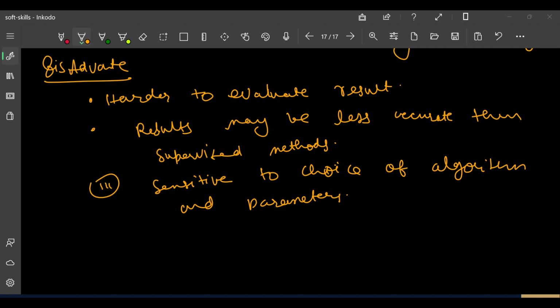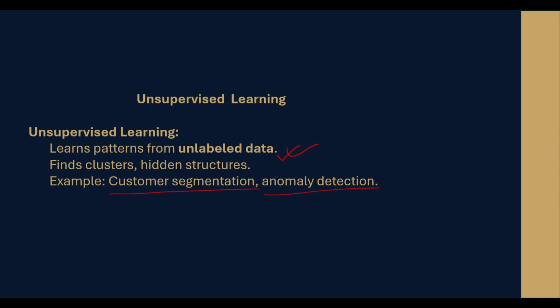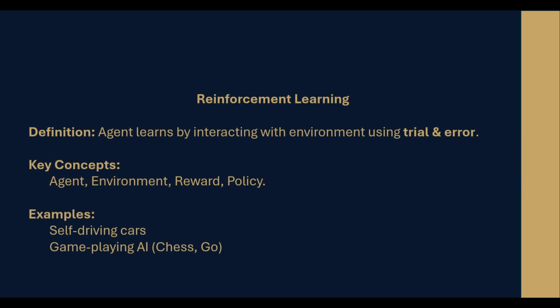So now we will see the third type of machine learning technique, which is reinforcement learning. In reinforcement learning, an agent learns by interacting with an environment using trial and error. The key concepts are agent, environment, and reward policy.